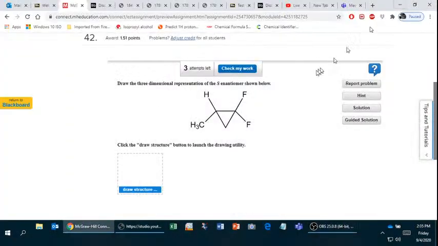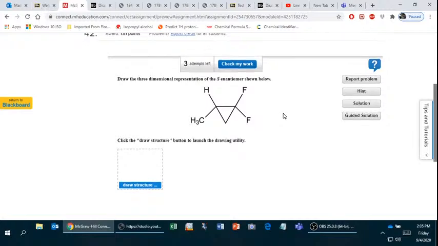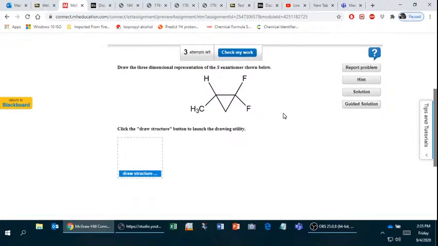Let me swap it to the desktop so y'all can see what's going on with that problem. Question 42: draw the three-dimensional representation of the S enantiomer of what is shown below. I'm going to draw this on the board behind me so it's easier to see.